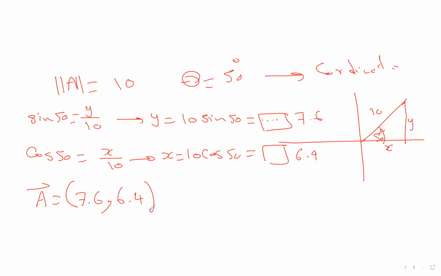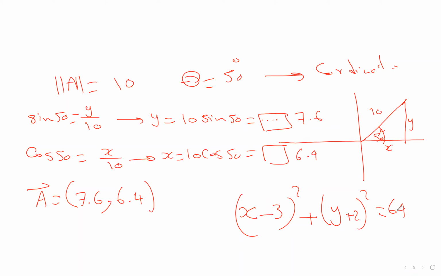Do you have any problem in this question? Ramadan, is your internet still broken? No, I'm focused. Suppose you get x minus 3 all power of 2 plus y plus 2 all power of 2 equals, for example, 64. Can you get the area of this one? Okay, what about this equation?